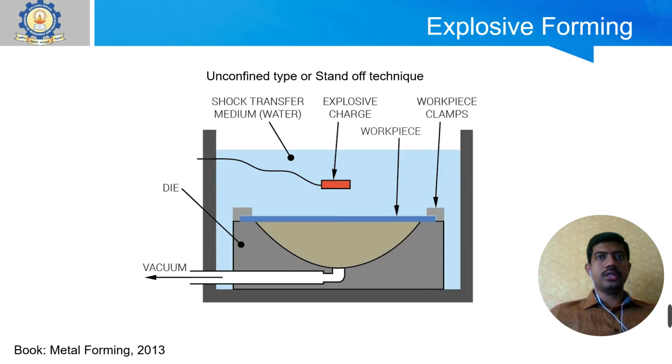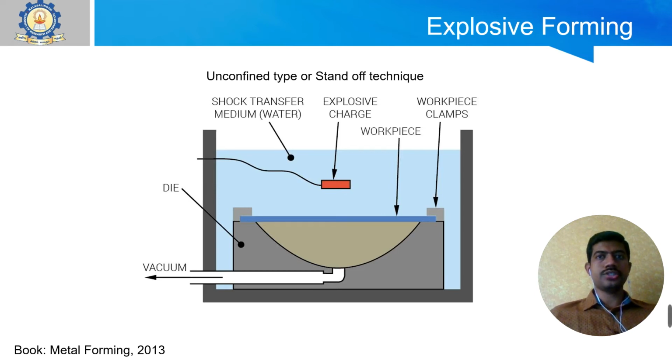Here the work is supported on a die and the die cavity is evacuated. The explosive is placed suitably inside a water medium and a definite standoff distance is maintained from your work. When you trigger your explosive, a high pressure pulse produces a high shock wave.